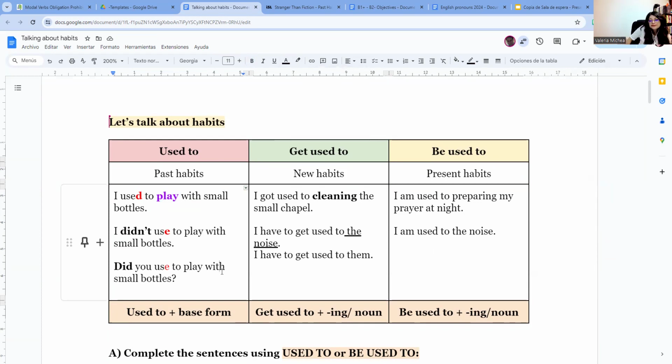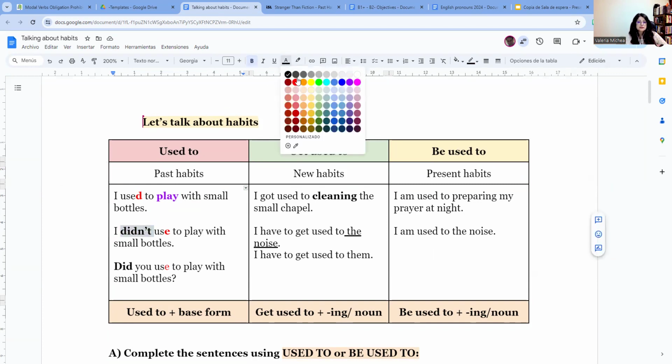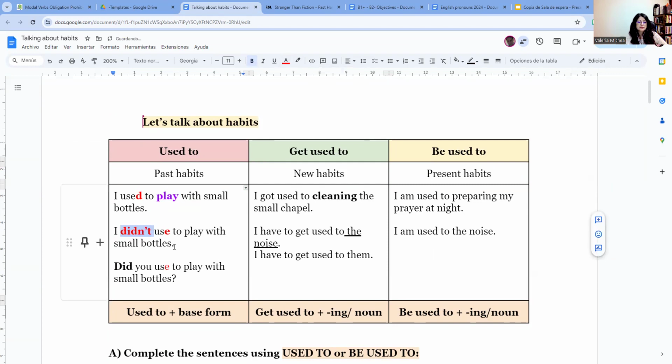And yeah, that's pretty important because in the other two that we're going to review later, this is something that changes, okay? So with used to, you don't conjugate the verb. So I used to play with small bottles, all right? That's a thing that I used to do when I was a child. Then if you're going to make it negative, it is also possible.